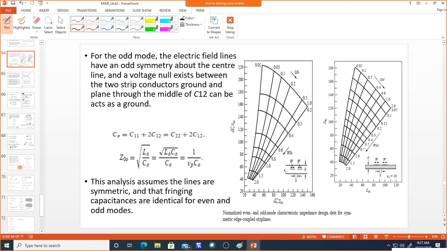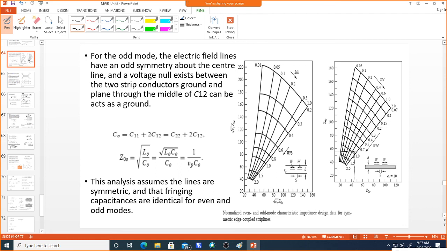For that particular point you need to see what the spacing S by D value is. Similarly you will have the width, which is given by W by D ratio. Now if you look at this, something around 55 I'll take here, and similarly around 45 if I project it.